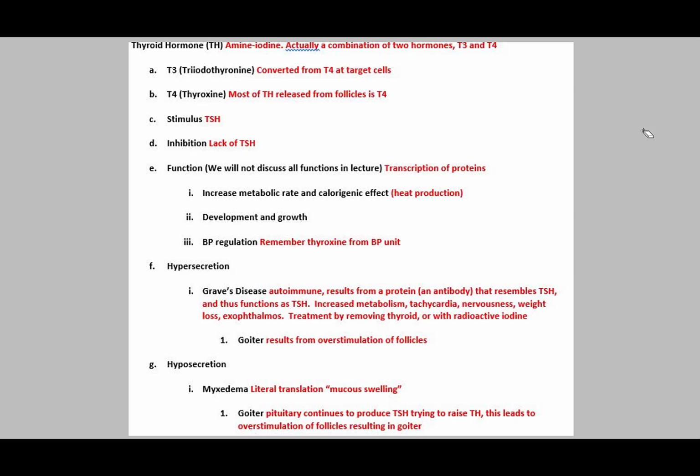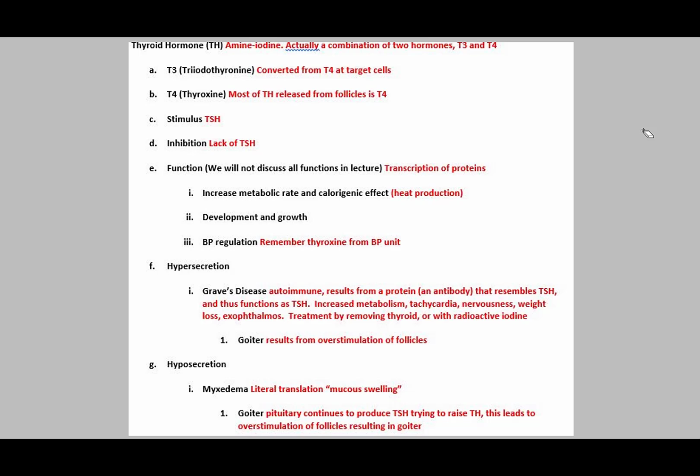So we're going to talk about the stimulus. We're going to talk about the inhibition. We're going to talk about the function, the secretion. But what I want you to think right now is we are going to go through the remainder of our glands, but we're going to come back to all of them. We covered pancreas early because it does its own thing.